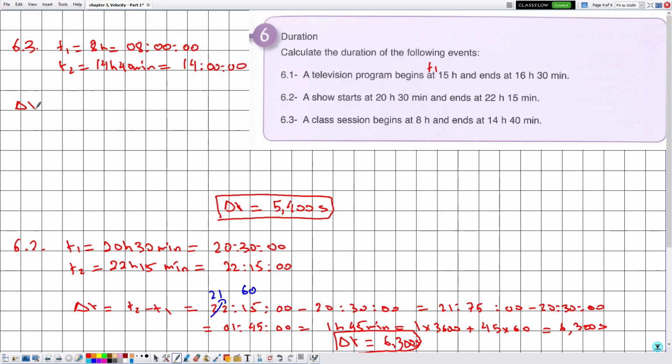Now the duration delta t, so we will start by writing the definition, which is given by T2 minus T1, which is equal to 14:00 minus 8:00.